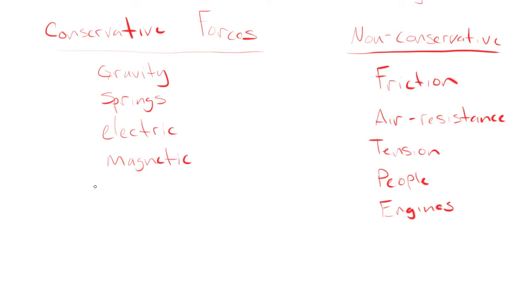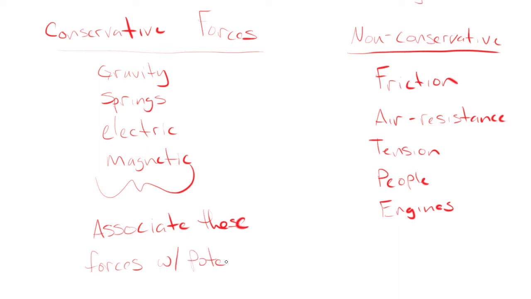But conservative forces are special. Because of their conservative nature, we can write these terms in a special way. We can associate each of these forces with an energy term, and specifically we can associate them with a potential energy term.